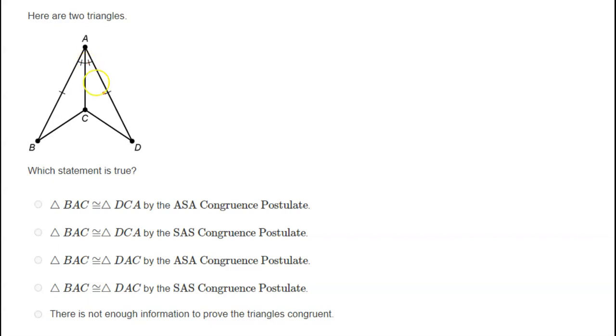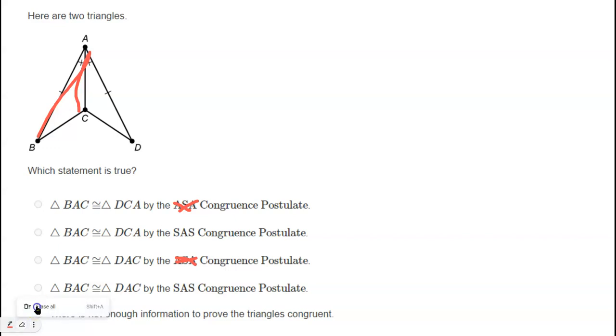I only see one congruent angle. So angle side angle is out in both cases. Now we see triangle BAC is congruent to triangle DCA by side angle side congruence. So here we have side angle side. That I would agree with.